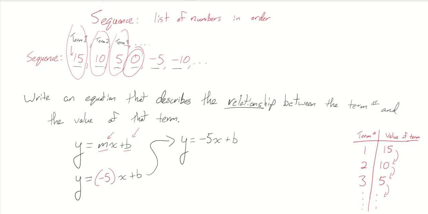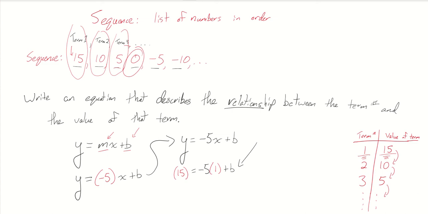So what I can do is plug in a value of y and a corresponding value of x that I know exists, and then I can solve for b. I know that when x is 1, y is 15. And then I can just fill in the rest of the equation.